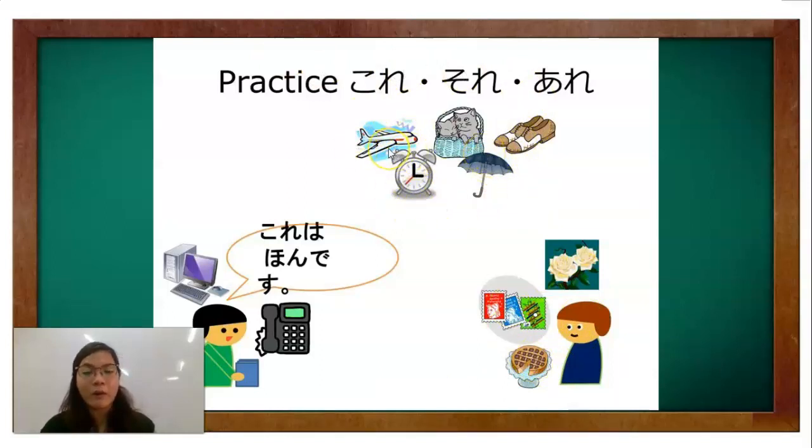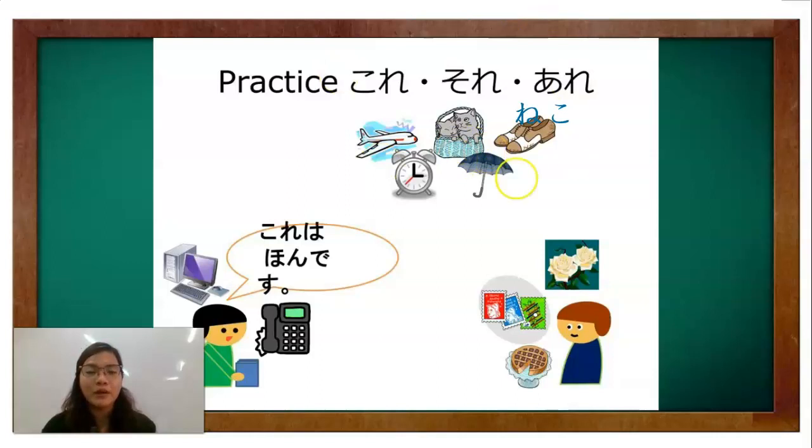So let's start from airplane. Airplane in Japanese is hikoki. Next up is clock. Clock in Japanese is tokei. Next, cat. Cat in Japanese is neko.